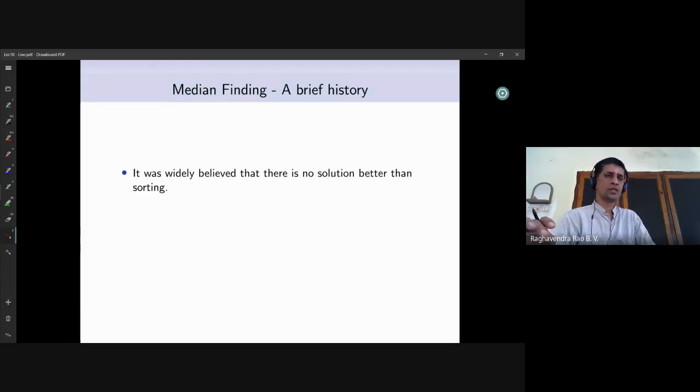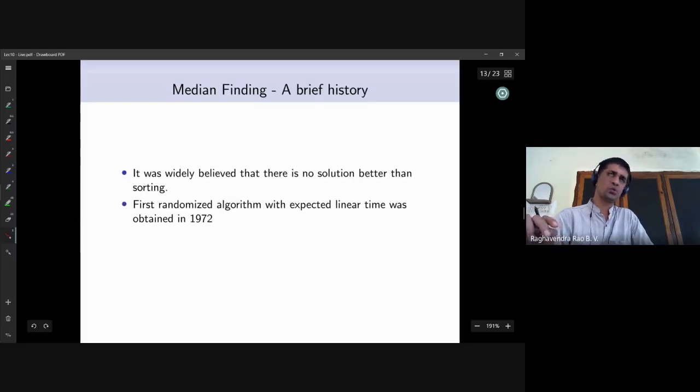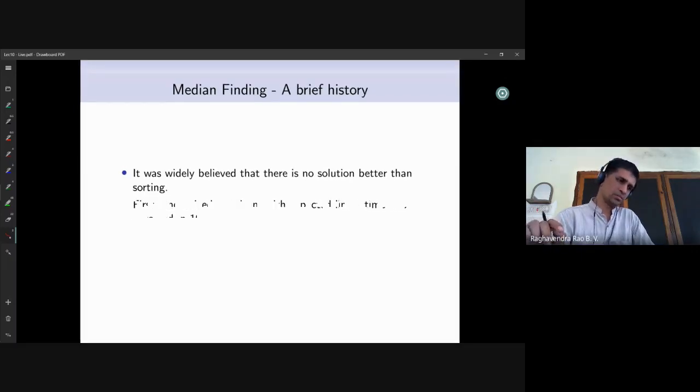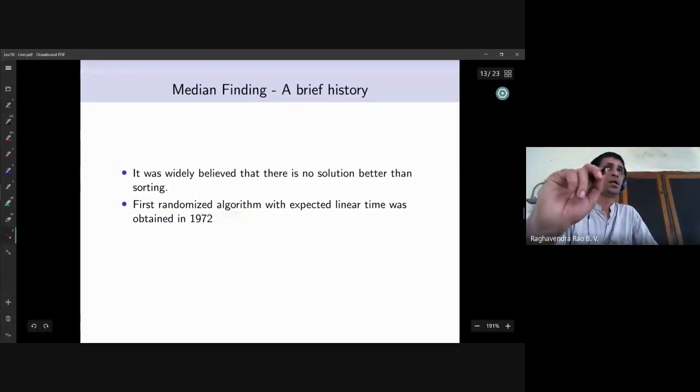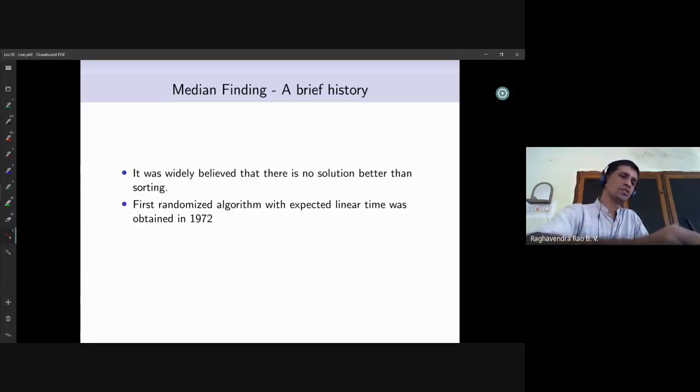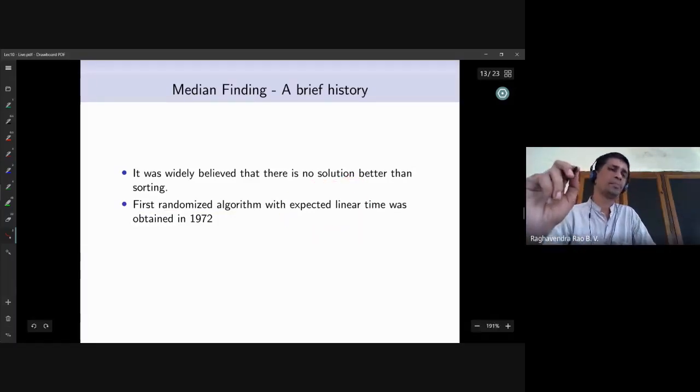So now the question is, can you do better? In the late 60s and early 70s, people believed there is no better solution. Then I think in 1972, I don't remember the researcher's name, people came up with a randomized algorithm which runs in expected linear time.